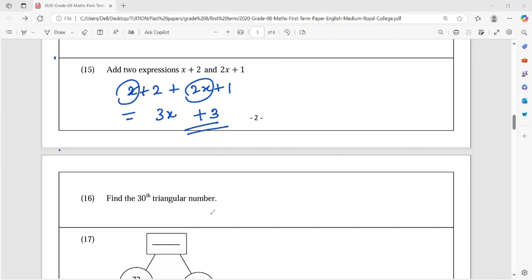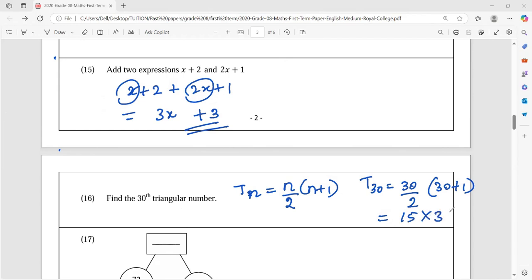We find the 30th triangular number, that means T30. In the triangular numbers, we have this pattern, n divided by 2 into n plus 1. This is the general term. So here n is 30, and T30 is equal to 30 divided by 2 into 30 plus 1. If you divide 30 by 2, you get 15.